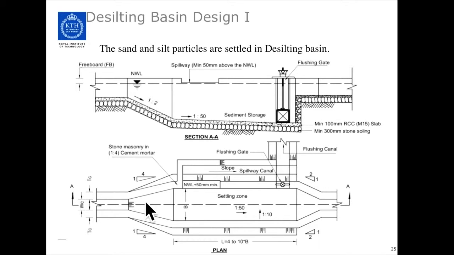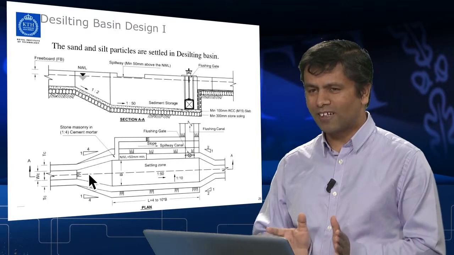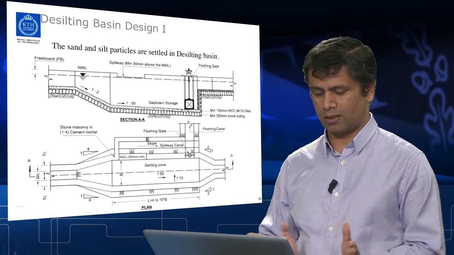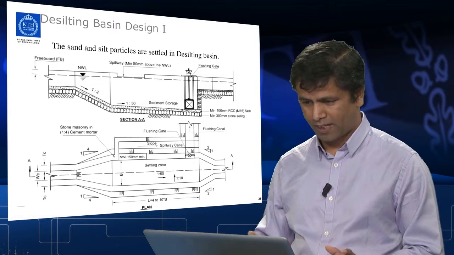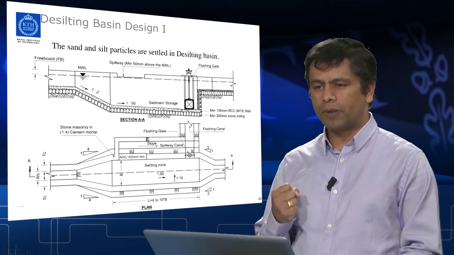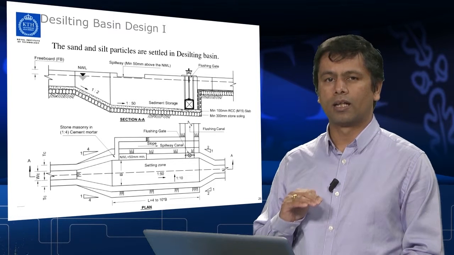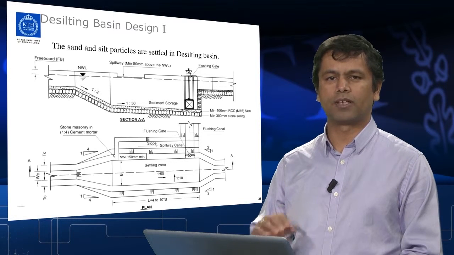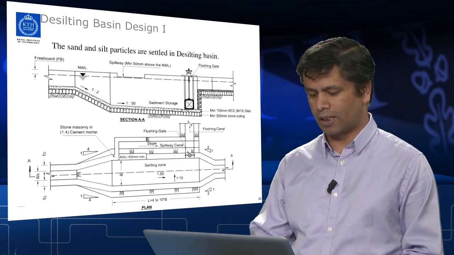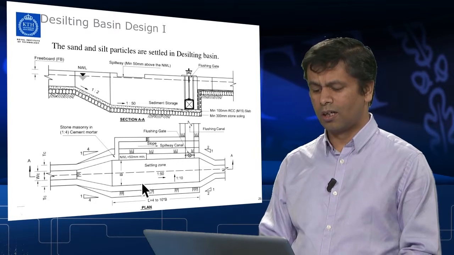In the upper part, the inlet of the desilting basin, we try to gradually increase the width of the canal. The main purpose of this is to give gradual settlement of the particles in the desilting basin.